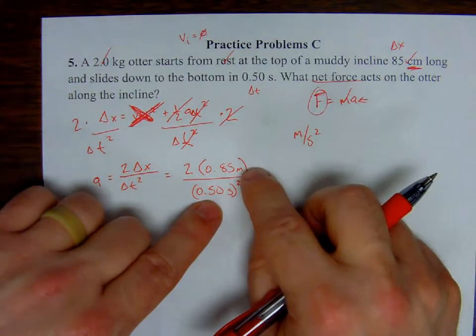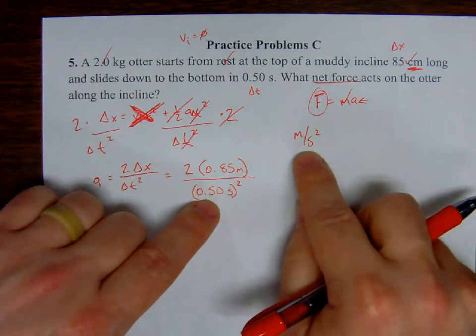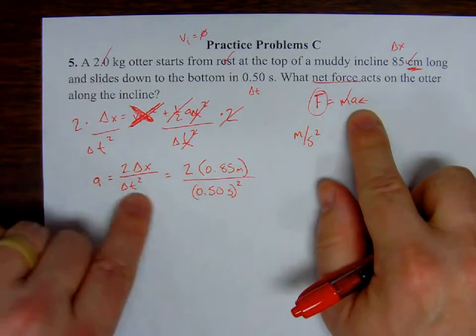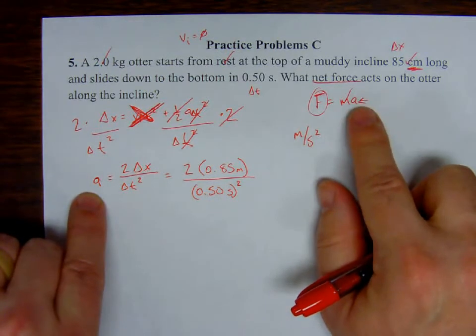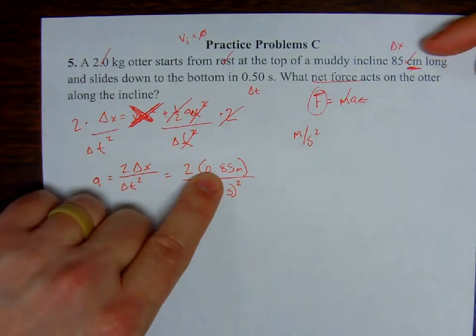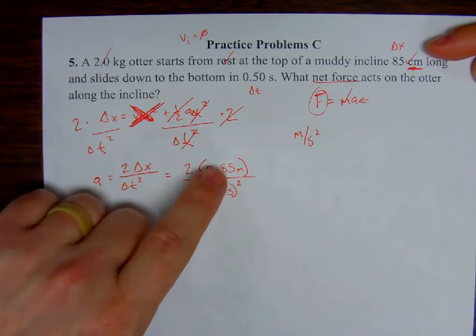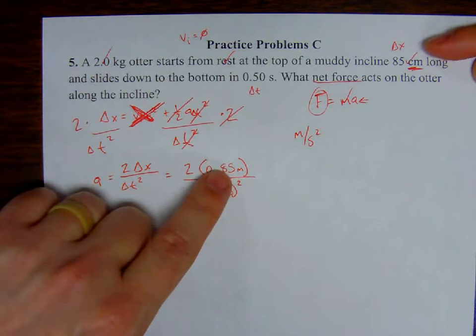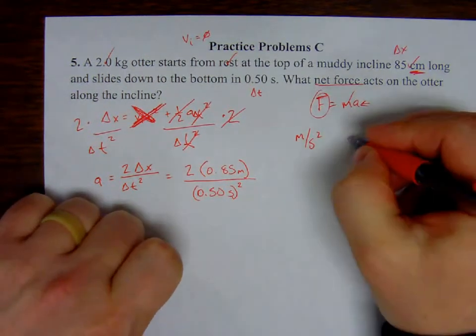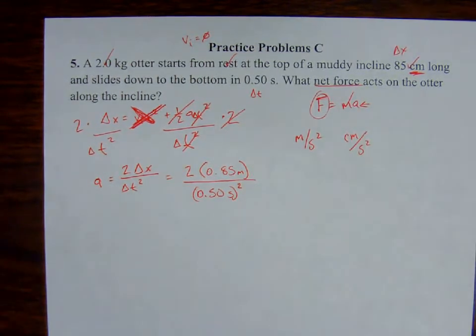But the problem gives information in centimeters. If I don't convert that into meters before I put it into my calculation, I'm going to end up with a unit of centimeters per second squared, which is not going to work with the rest of my calculation. Remember, force is in terms of newtons, and a newton is a kilogram times meters per second squared.